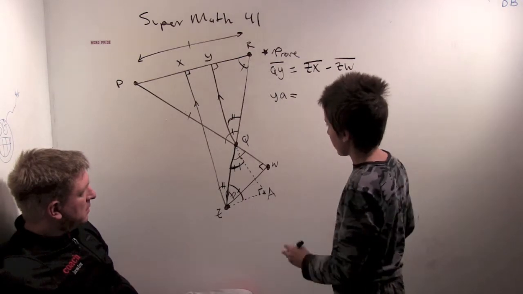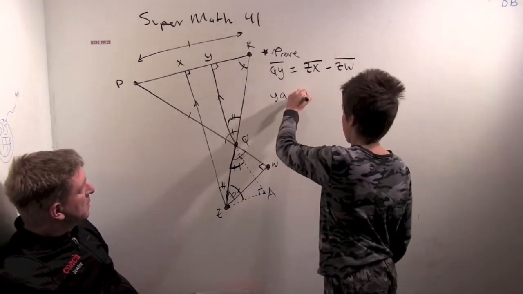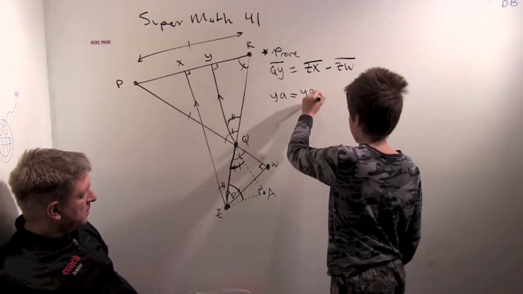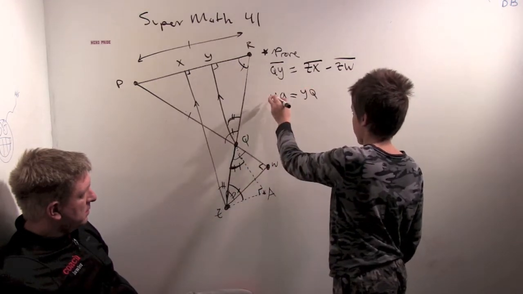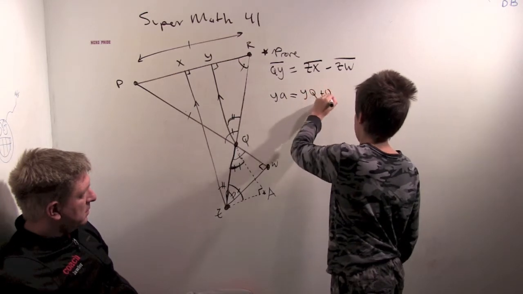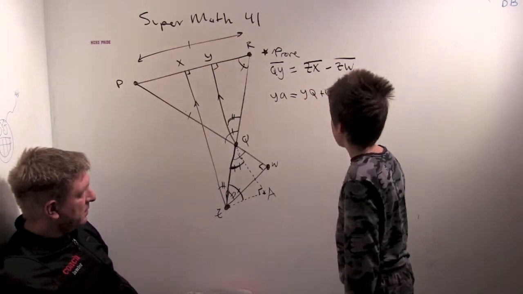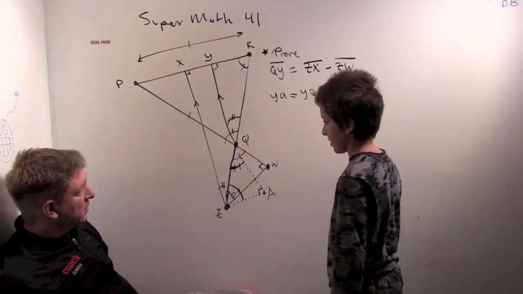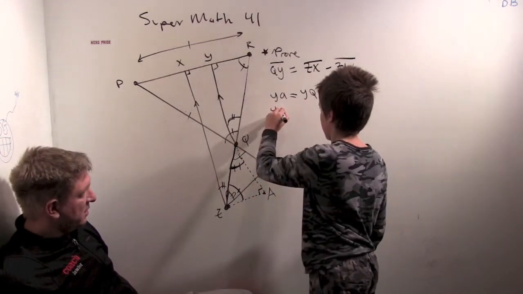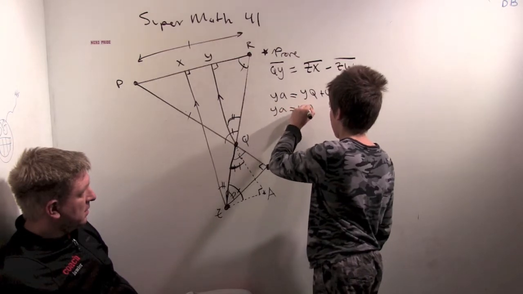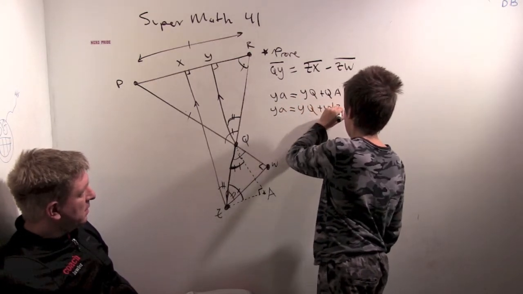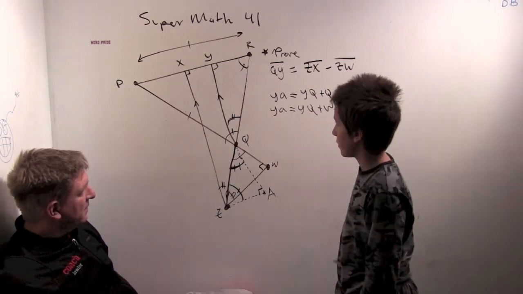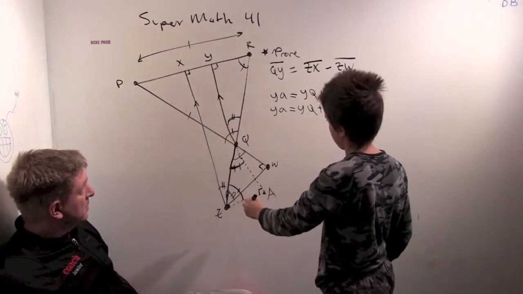We can split YA into YQ and QA. YA is YQ plus QA. And QA is WZ.